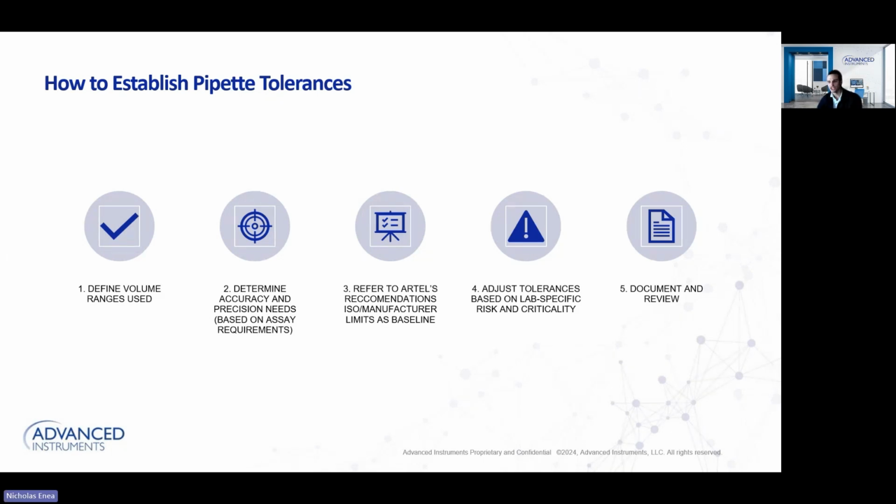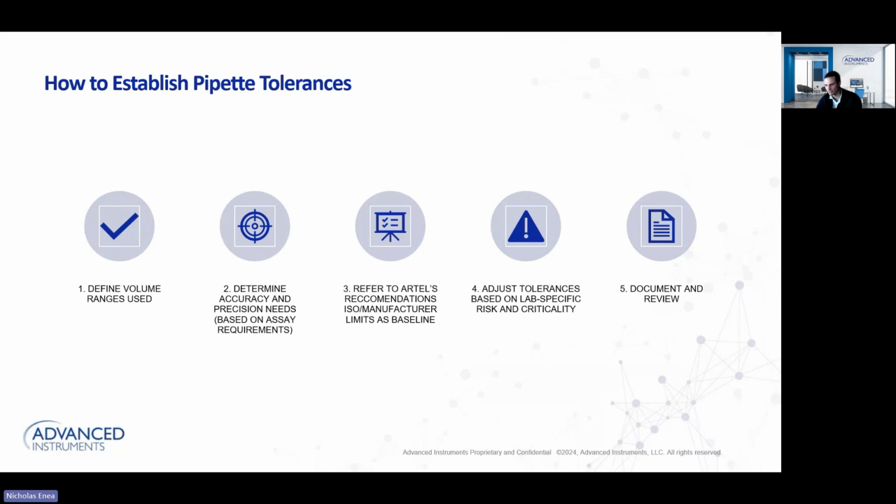And once again, you want to adjust your tolerance based on your lab-specific risks and criticality. You don't want to just set arbitrary tolerances or use the manufacturer tolerances or ISO tolerances when your assay specifications are a lot wider or a lot tighter. You want to really understand those. And lastly, you really want to document these and review them.